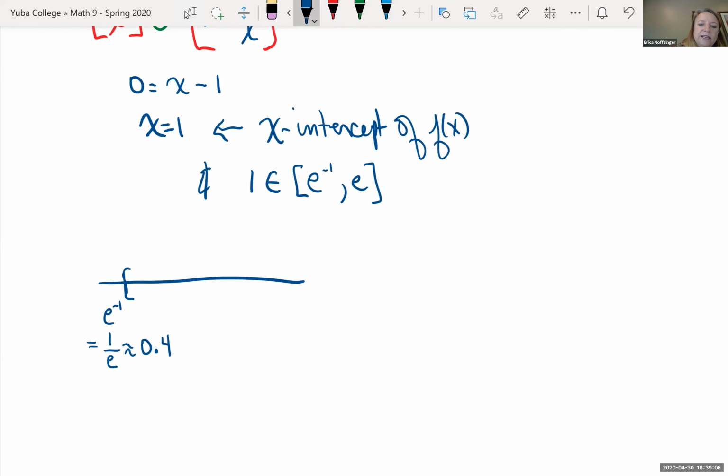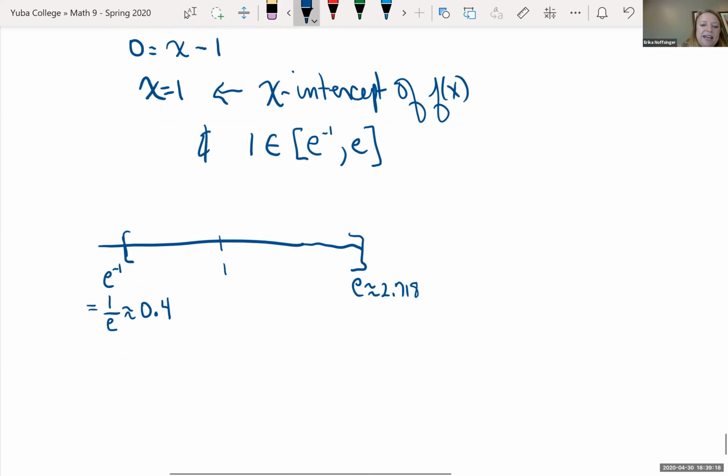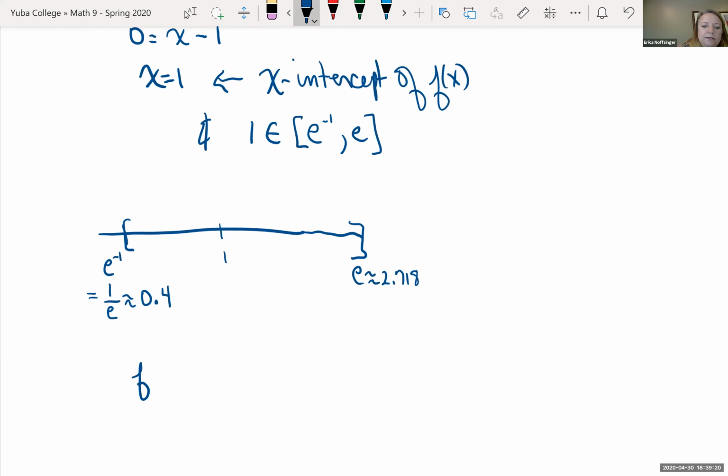We have 1 in here, and we have our e, 2.718. So let's look at a number that falls in between these two. How about x equals 0.5 into our original function, to see if it's positive or negative?